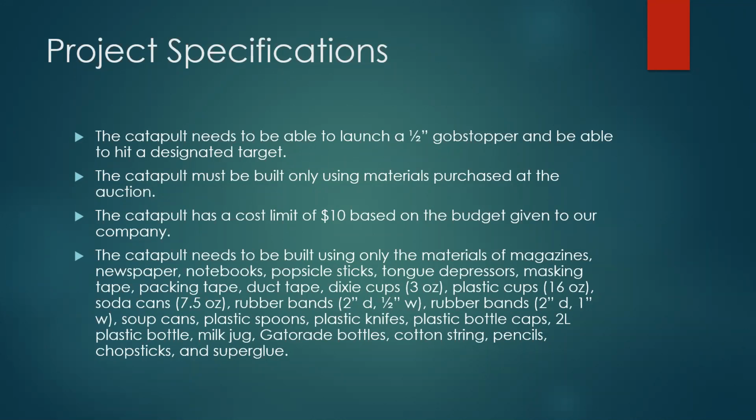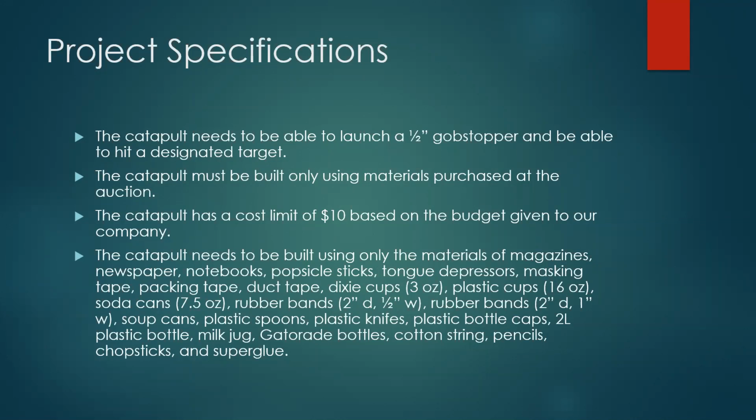The catapult needs to be built using only the materials of magazines, newspaper, notebooks, popsicle sticks, tongue depressors, masking tape, packing tape, duct tape, Dixie cups, 3-ounce Dixie cups, 16-ounce plastic cups, 7.5 soda cans, 2-inch rubber bands, 1/2-inch width rubber bands, and 2 by 1 inch rubber bands.